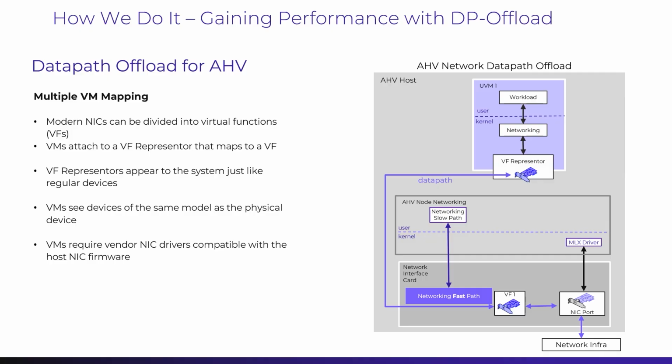To enable this capability, a VM is connected to a VF representer. A VF representer acts as the representative of a virtual function on the physical NIC. The drivers for the physical NIC must be loaded into the guest VM itself. To that VM, the VF representer just looks like a NIC.